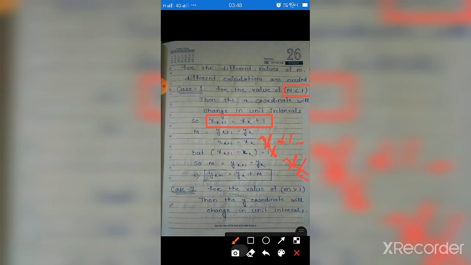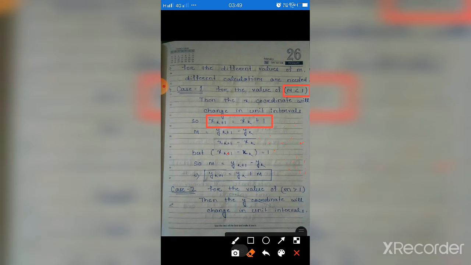So m equals yk plus 1 minus yk. Now we have to find the yk plus 1 value. So yk plus 1 equals yk plus m.